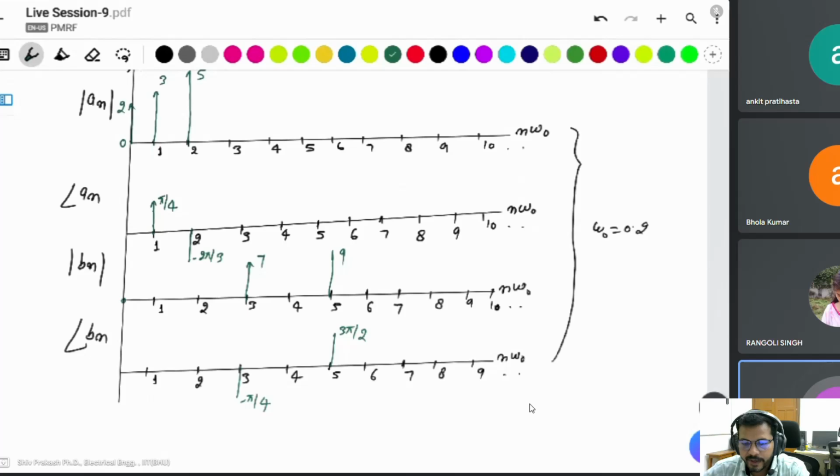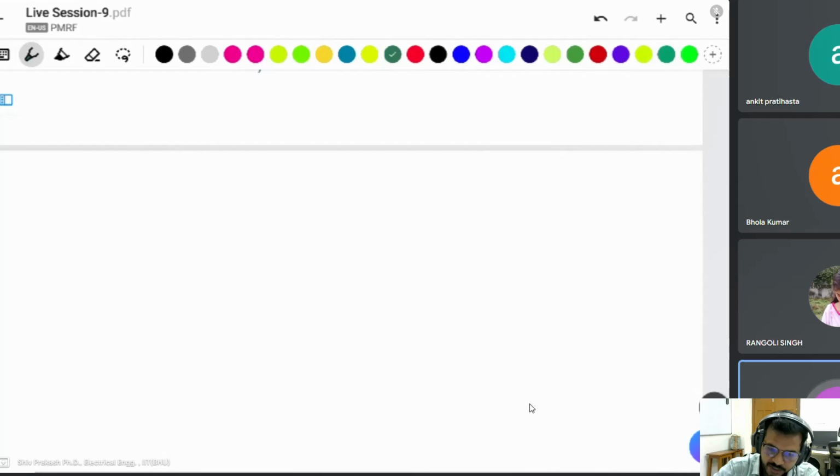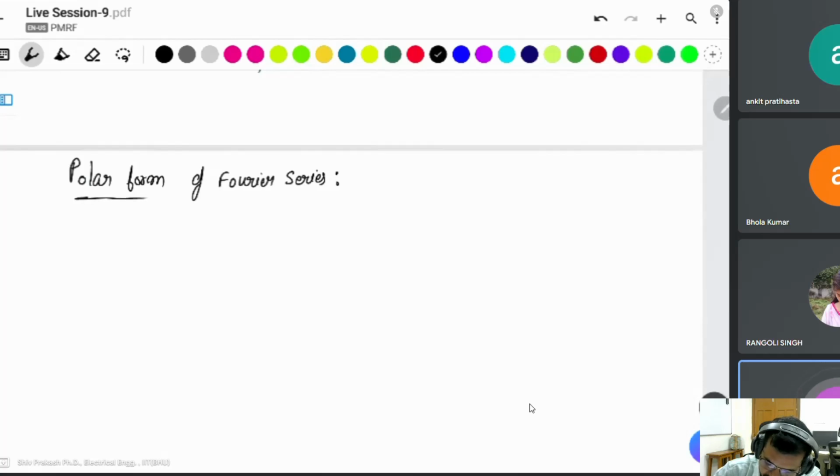If you want to combine everything in a single phase and a single magnitude plot, then the next Fourier series representation is known as the polar form of the Fourier series. The previous one is the trigonometric form, and this one is the polar form of the Fourier series.